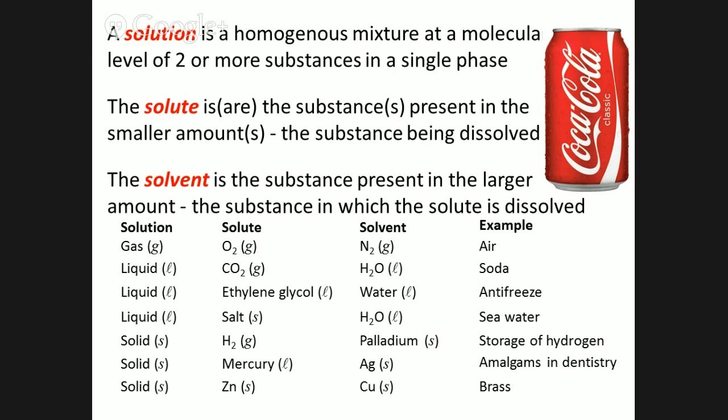Again, solute, what gets dissolved. Solvent, what does the dissolving. In our table here, the G's stand for gas, the L's stand for liquid, the S for solid. And we can have solid solutions, gas solutions, and liquid solutions.